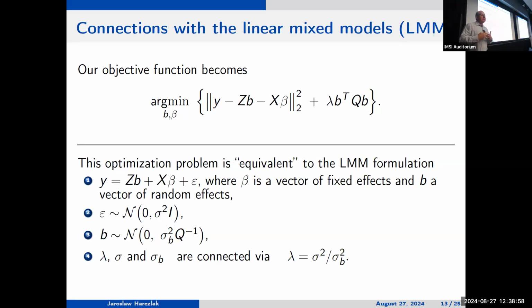What does that give us? Well, one of the things that's always hard in regularized regression problems is the estimation of the tuning parameter, lambda here. With this equivalence, we get the estimation of this tuning parameter for free because it's just the ratio of the variance components.